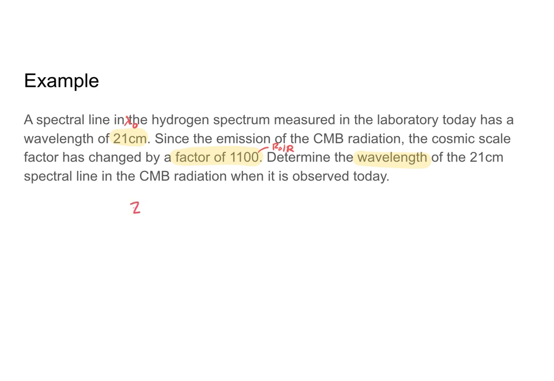So I know that z is equal to R naught over R minus 1, and it's also equal to delta lambda over lambda naught. So that means that delta lambda, which is what I'm interested in, is equal to lambda naught times R naught over R minus 1.